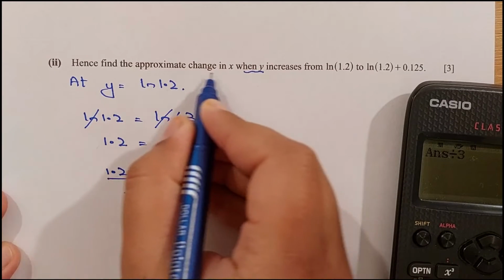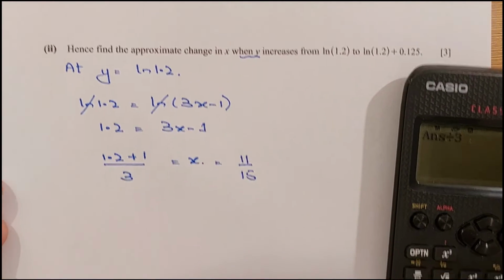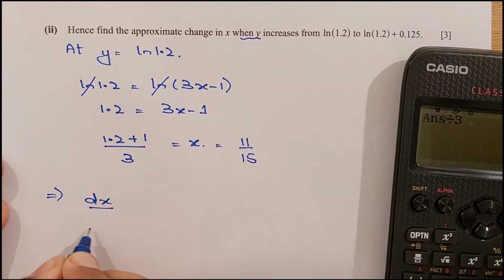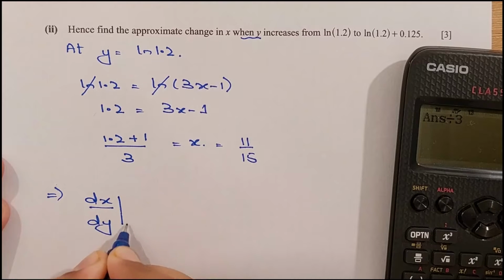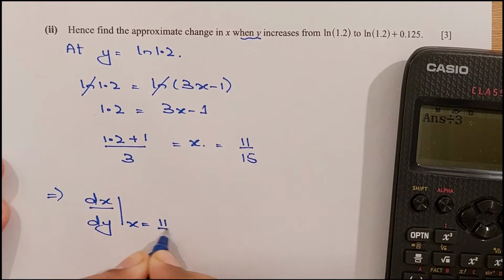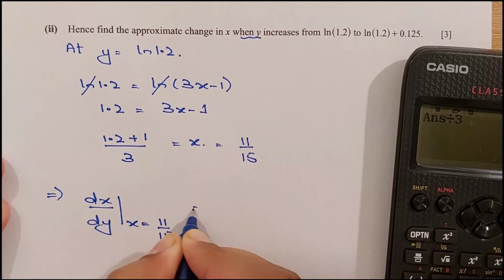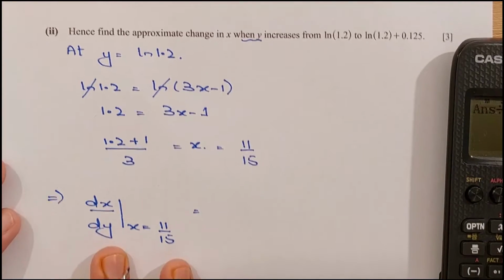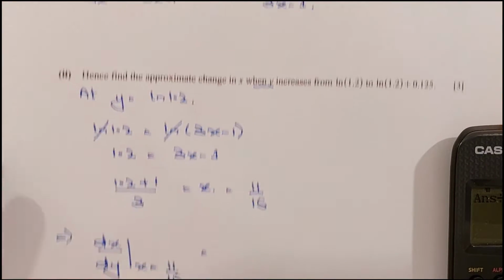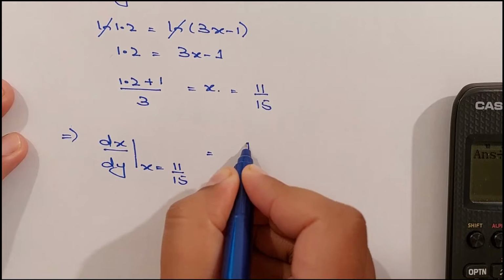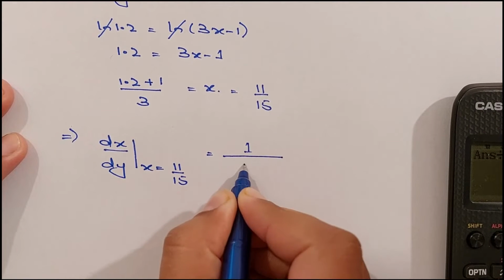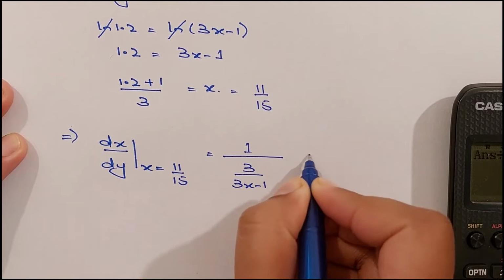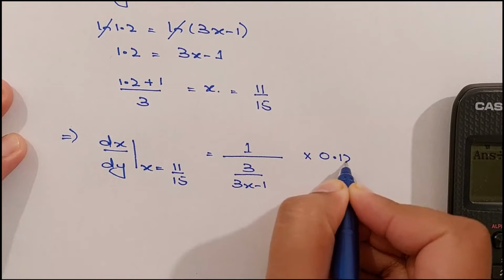We need to find the approximate change in x when y increases. It means we have to find dx over dy at x equals 11 by 15 and multiply the answer by 0.125. We have dy by dx, so we do the reciprocal: 1 over 3 over 3x minus 1, times 0.125.